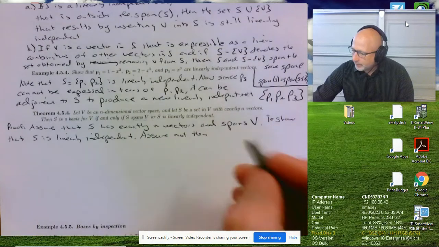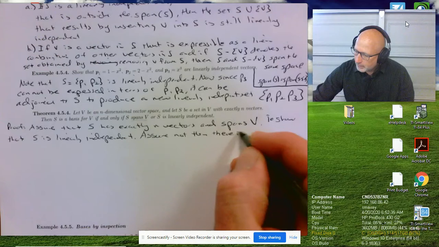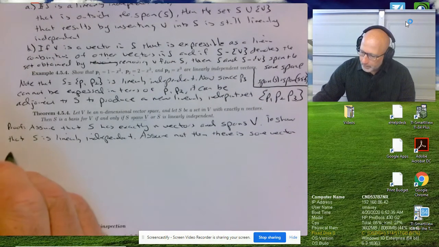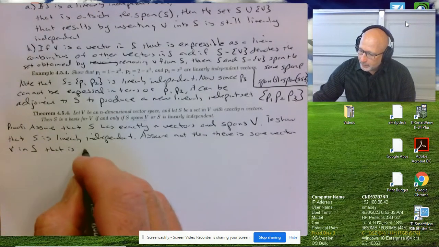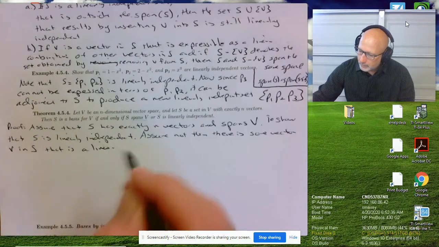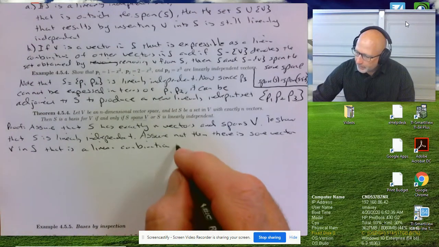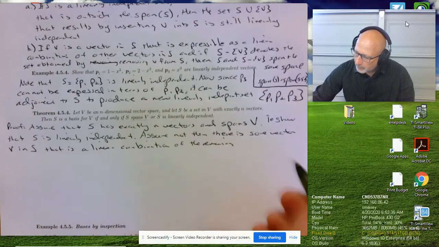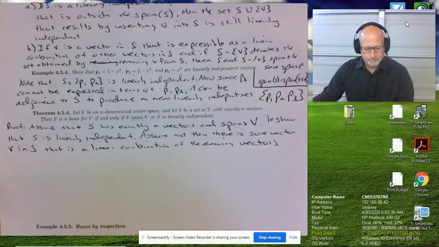Then there's some vector, I'm going to call it V, in S that is a linear combination of the remaining vectors. Now let's take it out.